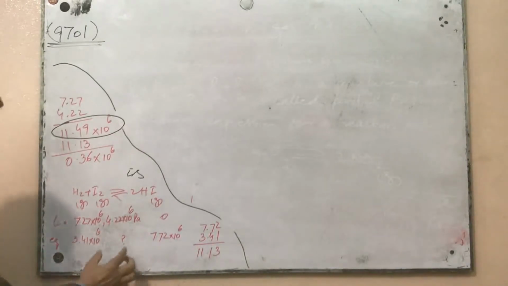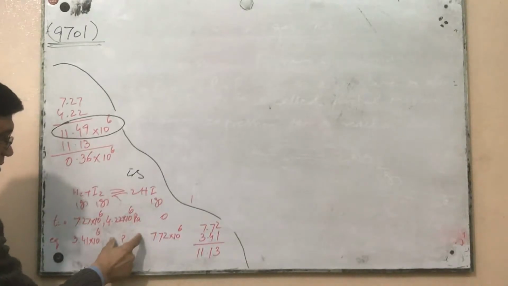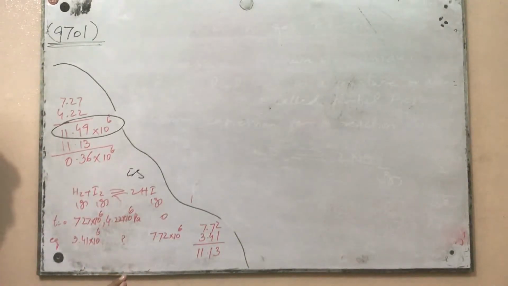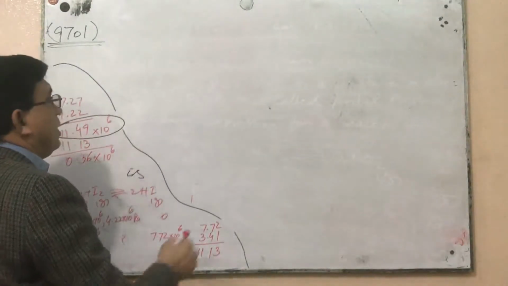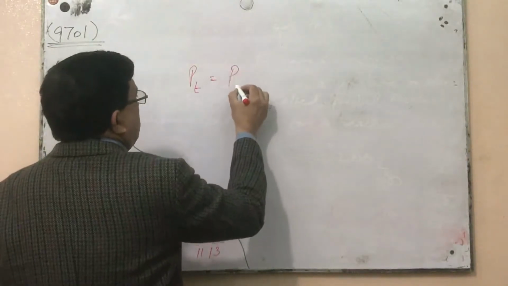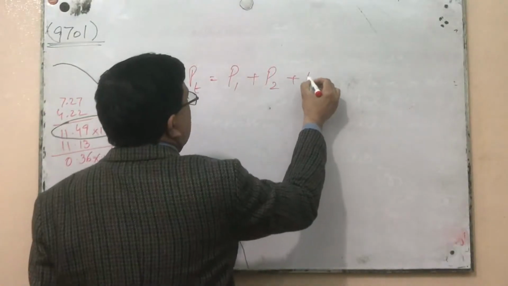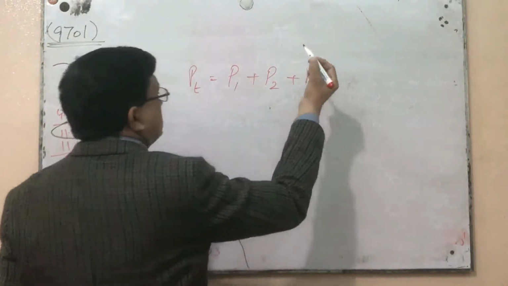Now, how will we find out the partial pressure of iodine exerted? We know that the total pressure will remain the same as I have mentioned. I have written the formula that Pt is equal to partial pressure of component 1 plus partial pressure of component 2 plus partial pressure of component 3, just like this.